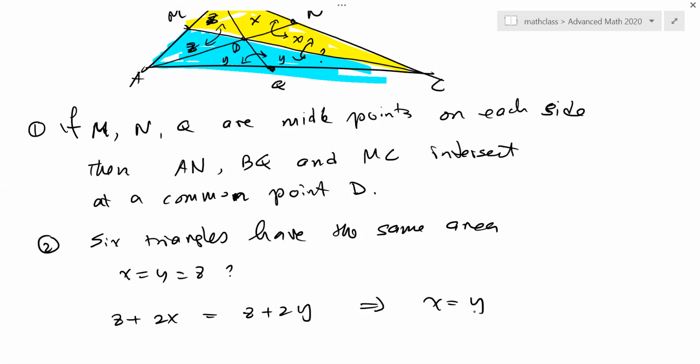First of all, you compare those two small triangles nearby. Because N is the middle point and Q is the middle point, they should be equal, so you just call them y, x, z, z. Then you have to prove that x equals y equals z, using the two larger triangles to compare the area. That's called area comparison. I think it's the middle point theorem.